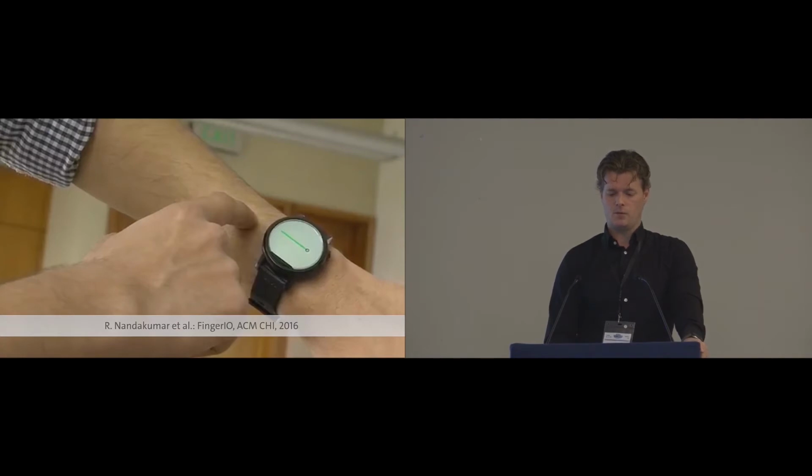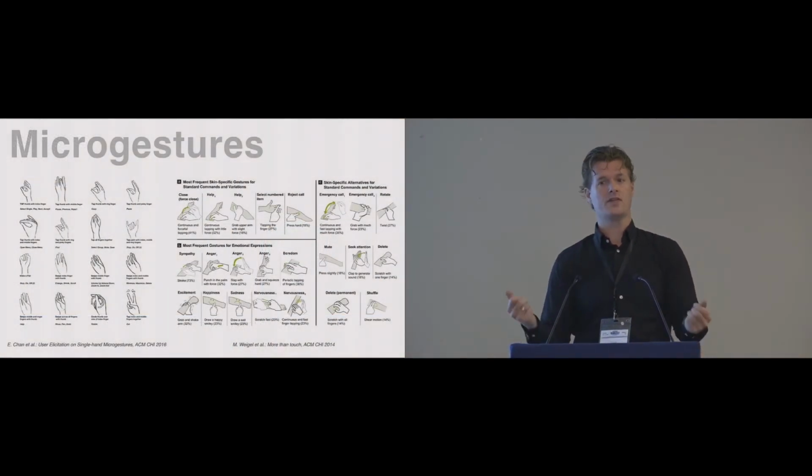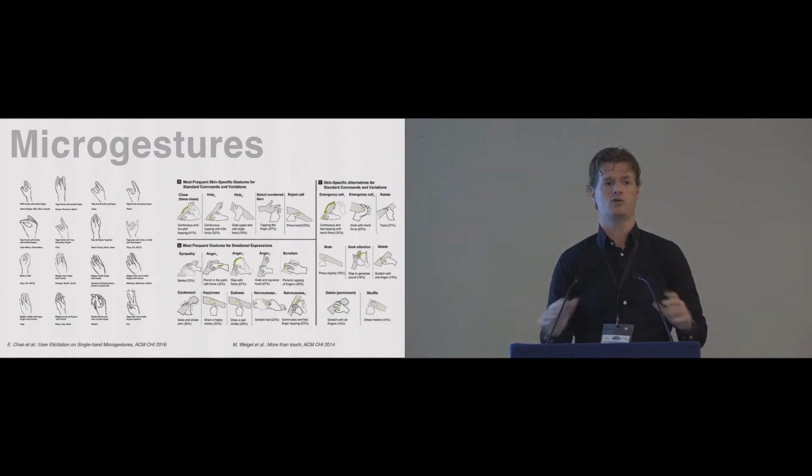And there is a lot of research which has already been done in the last couple of years exploring these kinds of micro gestures. There is already a taxonomy available which tells you the most intuitive and natural way to use either one hand for micro gestures or your two hands in combination for certain kinds of micro gestures.